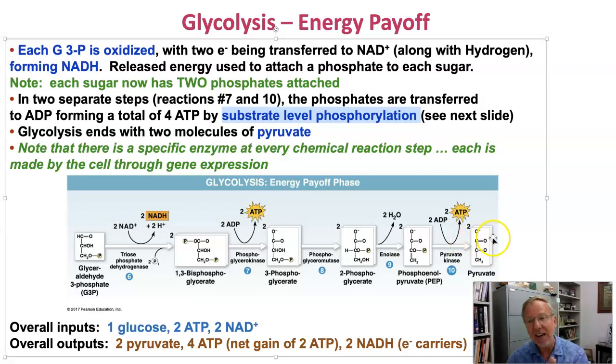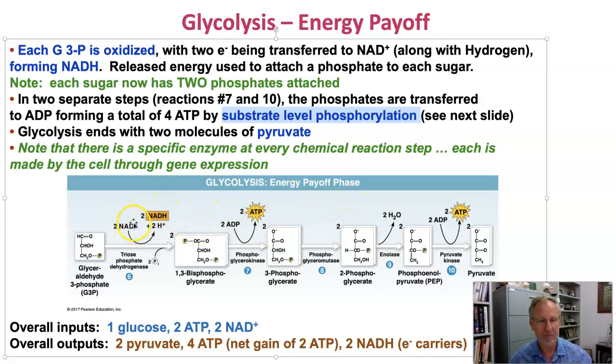Now, at the very end of glycolysis, at the end of these 10 chemical reaction steps, we no longer have glucose, of course. We haven't had glucose for a long time because the sugar molecule keeps getting modified. But what we have is a molecule of pyruvate. Now, notice that there's a number 2 in front of all these things. 2, 2, 2, 2.